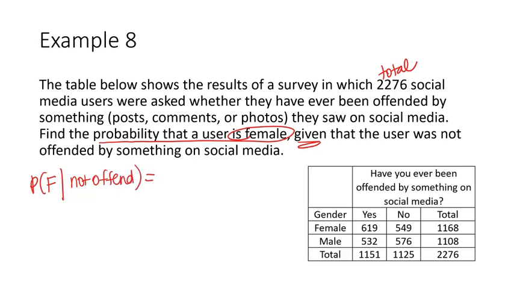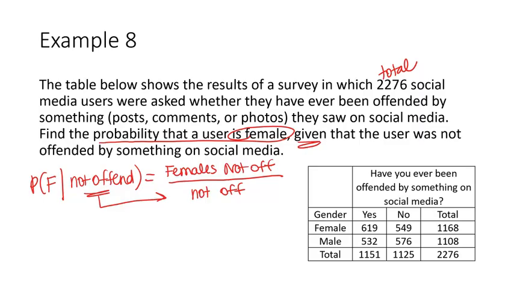So by definition, I'm looking at the females who were not offended, putting those together, over my new total, the not offended. So the way I would read this chart, I look at females who were not offended.